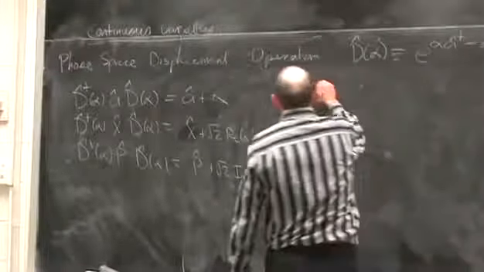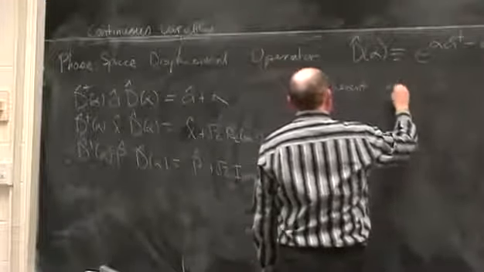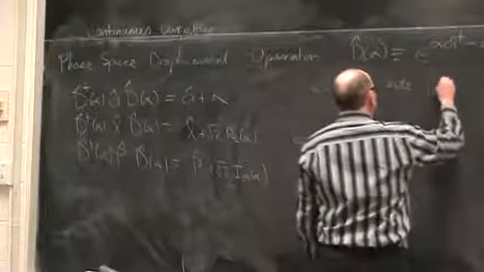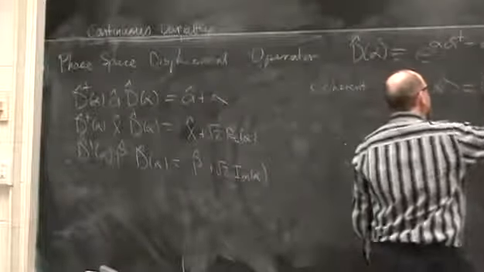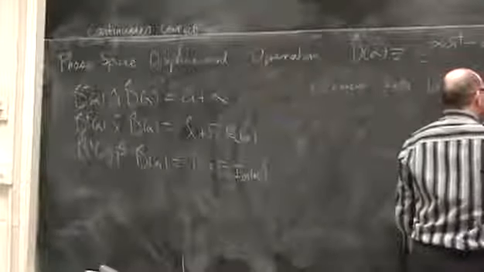Moreover, the coherent state alpha is obtained by displacing the ground state of the harmonic oscillator, or the vacuum.